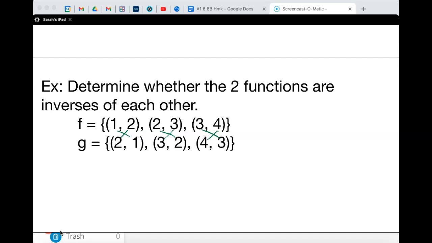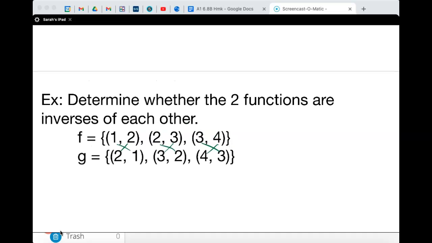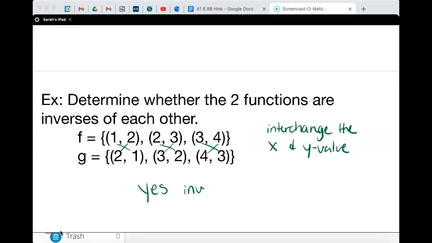So when they flip-flop like that, technically that is an inverse. Tomorrow when we start finding inverses, you interchange the x and y values. So if you're looking at ordered pairs, technically this is, yes, inverses.